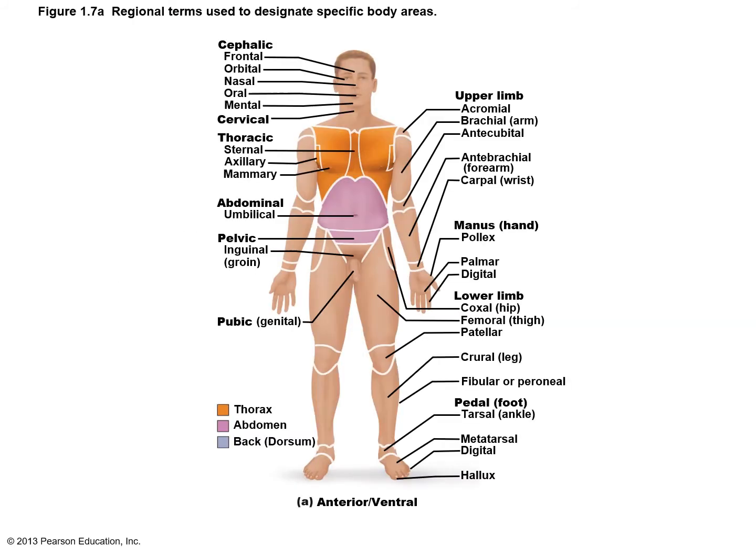Those terms, we are eventually going to learn all of them when we start talking about all of these regions. Like your chest, for example, is your thoracic. When you see the term cervical, that would mean neck. Cephalic, we already talked about, meaning head. By the end of the semester, you are going to learn all of these terms.